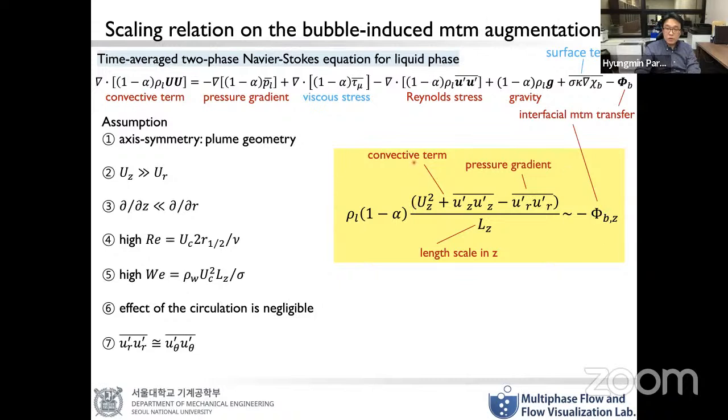Here, from the convective terms, you get the contribution from the mean vertical velocity and fluctuating vertical velocity. From the pressure gradient, you have the contribution from the radial fluctuating velocity. But now we have to deal with this interfacial momentum transfer.